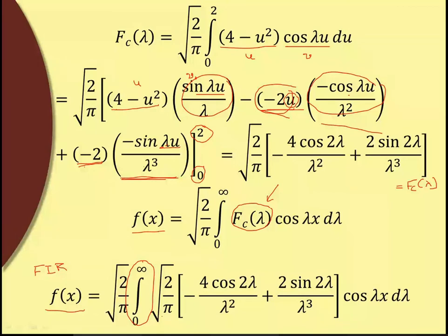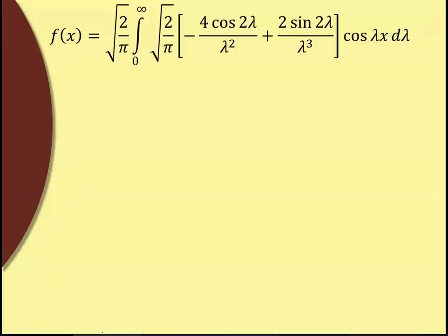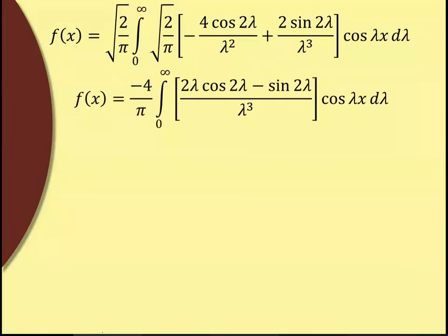Now, if you want, you can simplify it. You can take the square root terms outside. Take the square root of 2 by pi outside, and you can take the minus term common. 4 you can write as 2 into 2, and take this 2 also common, so taking minus 2 common from both these terms.